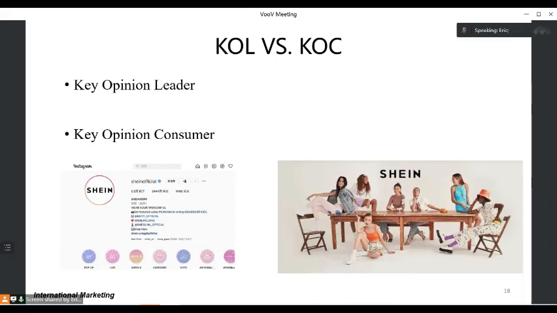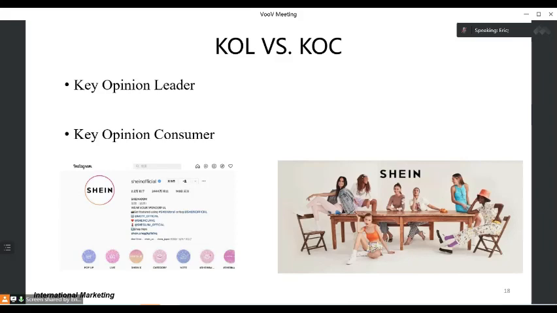We use social media to discuss the appearance of the product, to share product information. On the internet, brands want to find key opinion leaders to influence the consumers, to influence the fans.